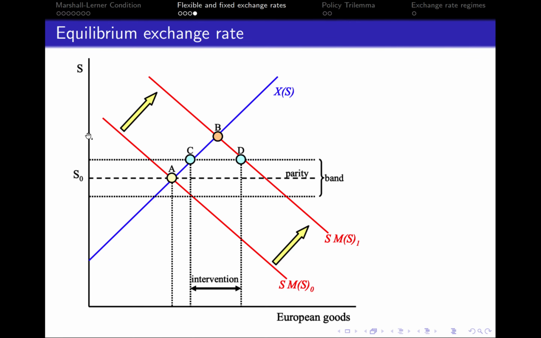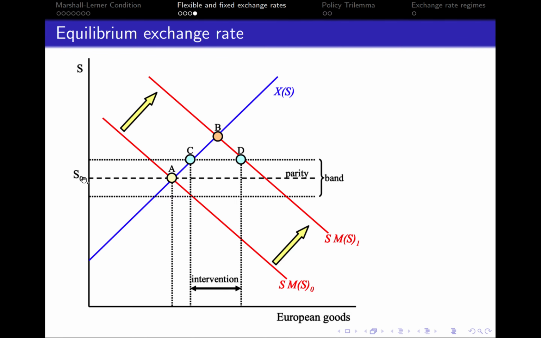Now, this situation happens when we have a flexible exchange rate. But imagine that for some reason, the European Central Bank decided to maintain a fixed exchange rate. In which sense?